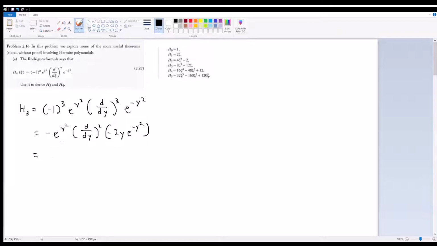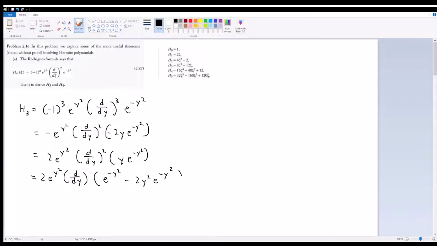We're going to multiply this out, move the 2 out of the way, so this is going to give us 2e to the y squared times d by dy squared of y e to the negative y squared, which equals 2e to the y squared d by dy, this time just once, and then using product rule, e to the negative y squared minus 2y squared e to the negative y squared. Is that correct? Negative 2y, so negative 2y squared e to the negative y squared, yes.